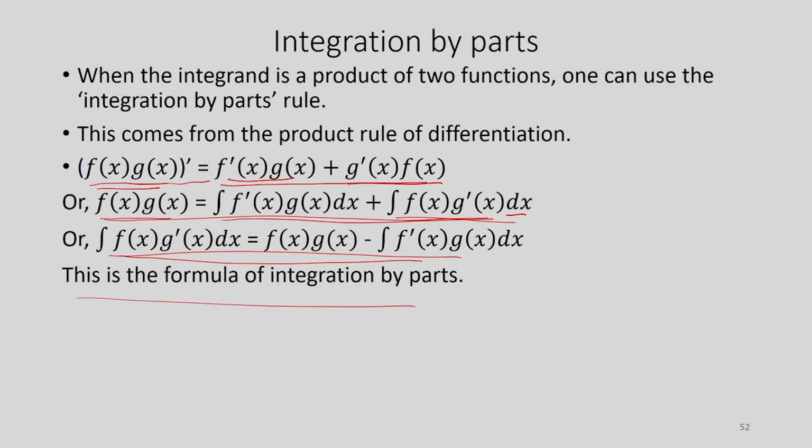Now, on the first glance, it does not seem to be saying a lot, right. It is just a restatement of the product rule of differentiation, but actually it is very useful, as we shall see. The reason being that look at the left hand side, you have f(x) and you have g prime x.